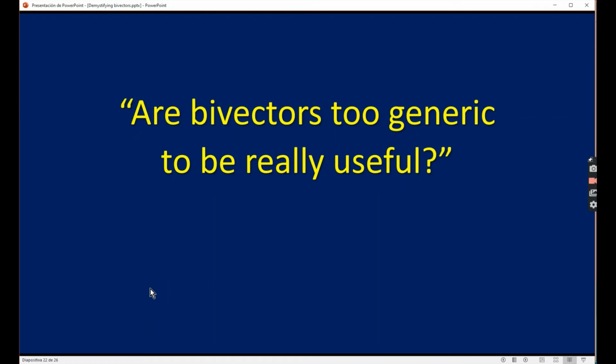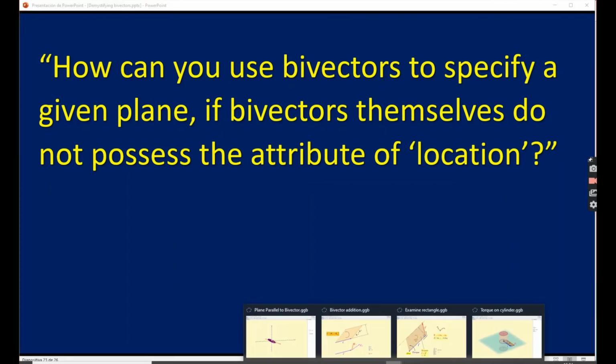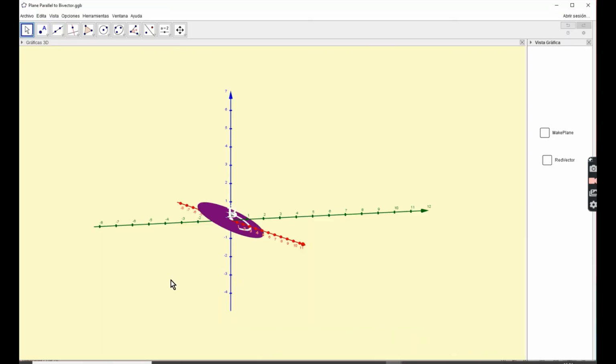Another question that students might have is, well, have we outsmarted ourselves and made bivectors too generic to be really useful? For example, how can you use bivectors to specify a given plane if bivectors themselves do not possess the attribute of location? So we'll look again at what we took a peek at earlier, and that is this situation.